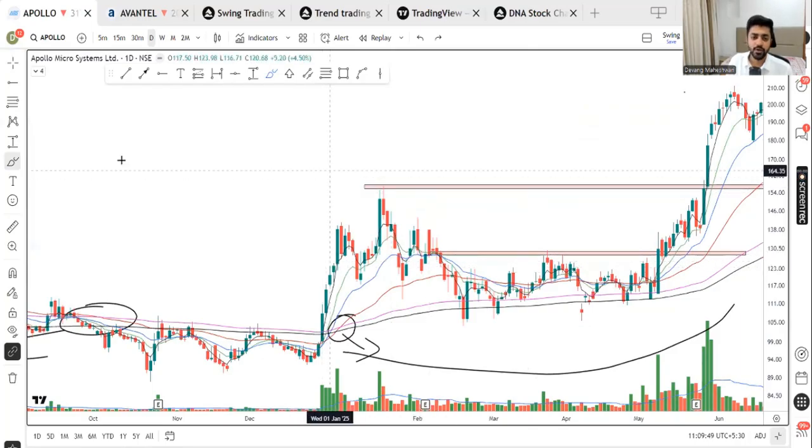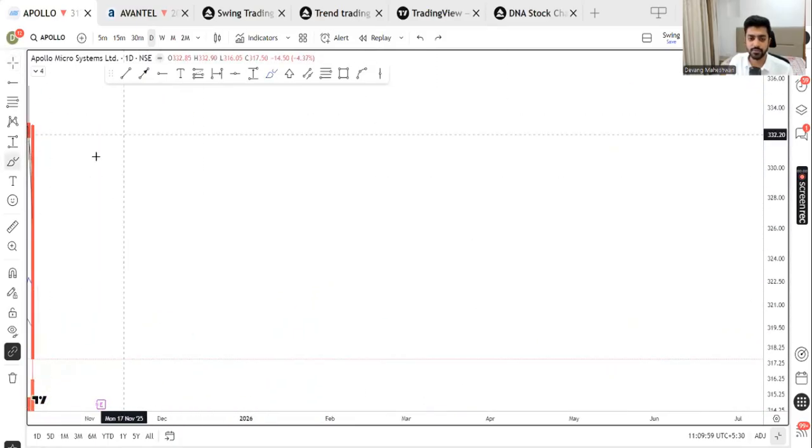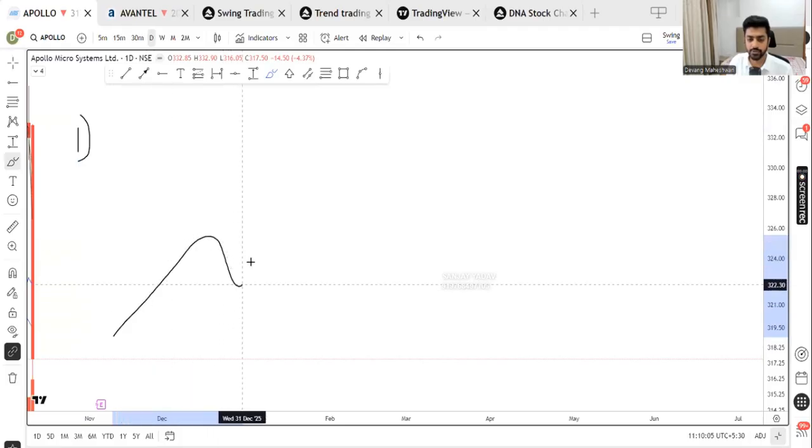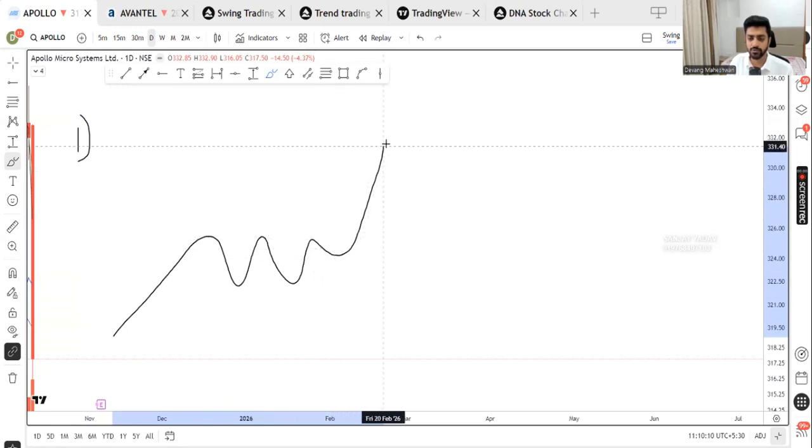Okay, now there are three kinds of bases that you will typically find. When a stock is moving up, you will find that happening in three ways. So first one, this is an uptrend. The stock corrects, it looks like this, and then somewhere it moves ahead.